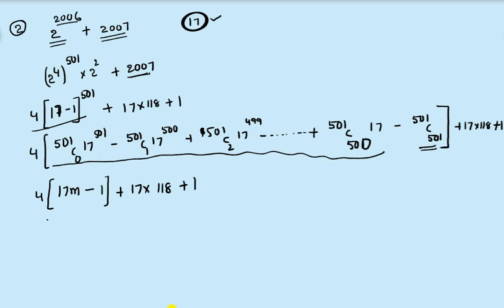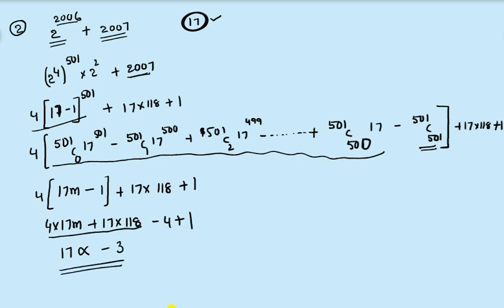Now further simplification, we can write this one as 4 into 17m plus 17 into 118 minus 4 plus 1. In all these terms there is an involvement of 17. That's why we can write 17 into alpha minus 3.